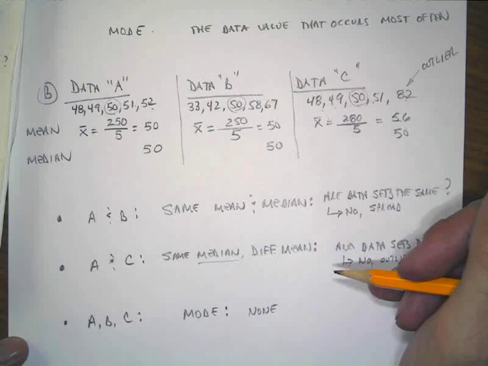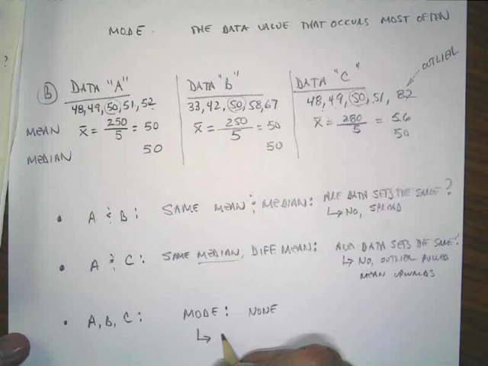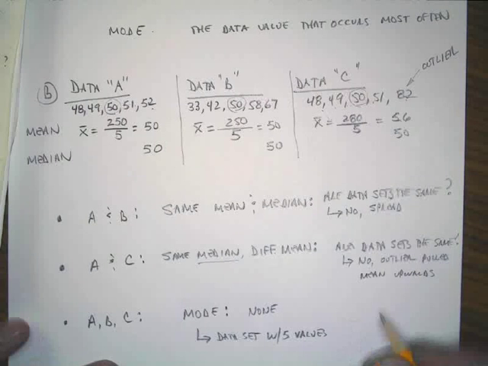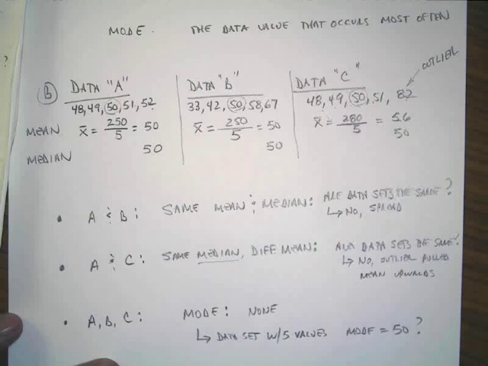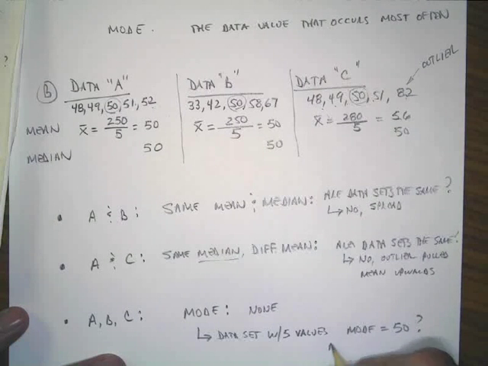Okay? Let me ask you this. Would it be possible to create a data set with 5 values that had a mode equal to 50? And let me go further and see, is it possible to have the mode equal to 50 and the mean equal to 50?